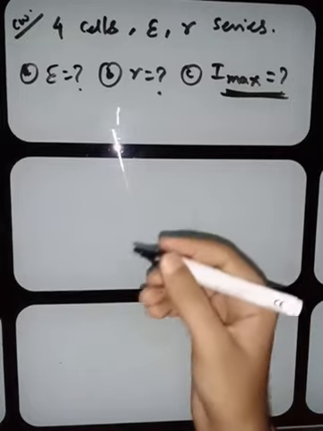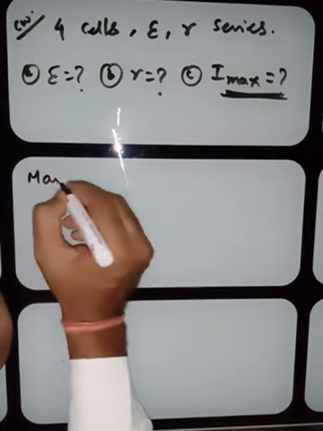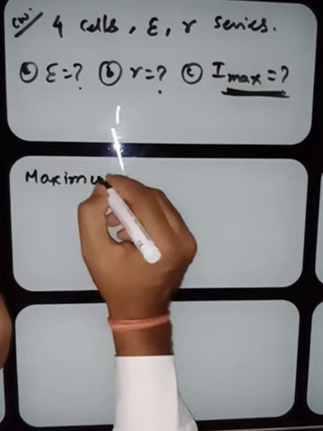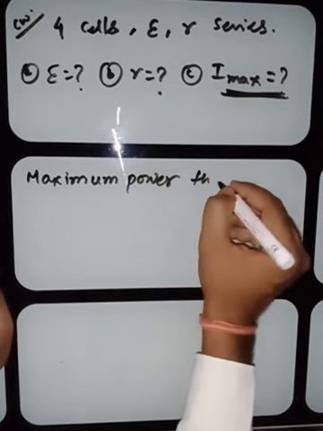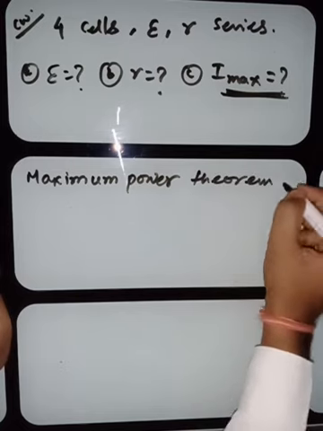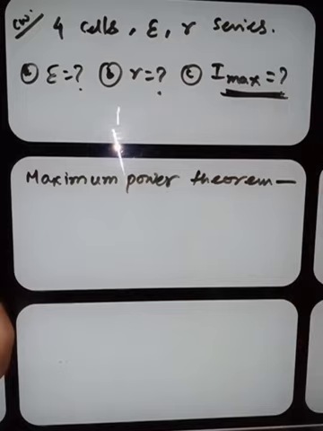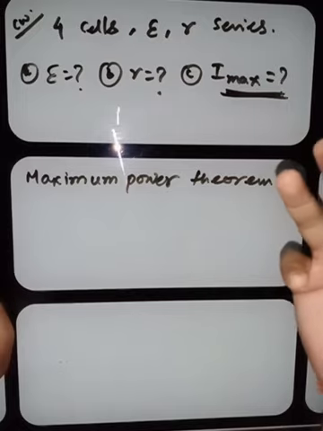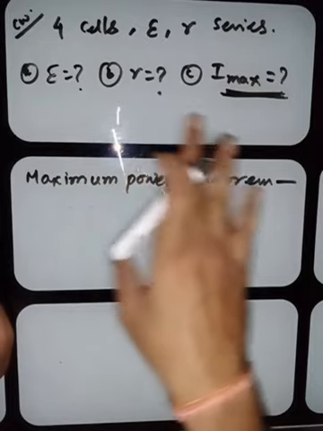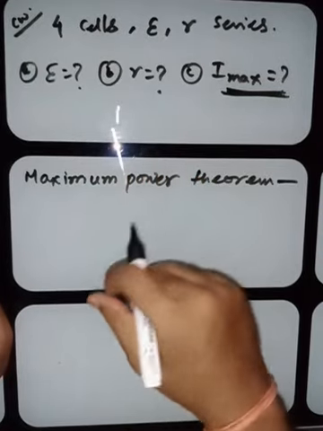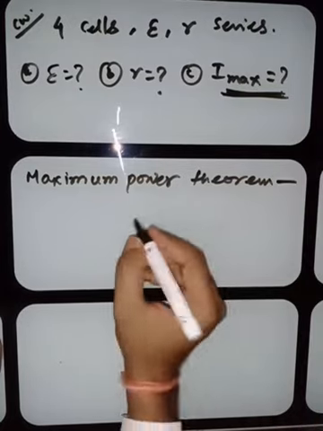We will study it in detail, but you do have to study it in standard 12th. Actually, in graduation you will study this maximum power theorem. It is called the maximum power reciprocity theorem, and this will help to find the maximum current. You can find it in standard 12th also.